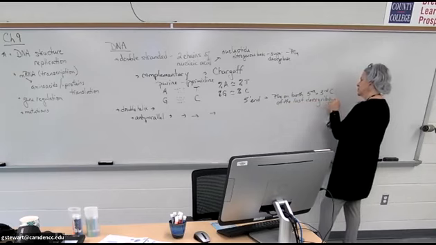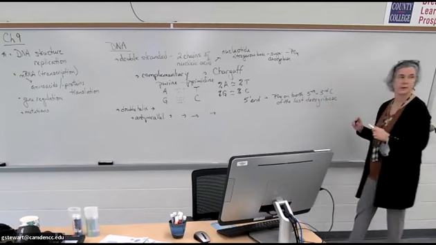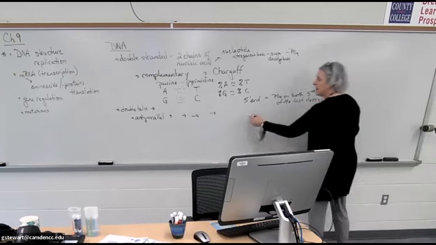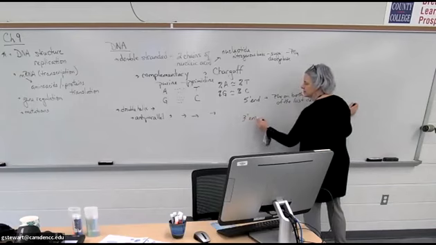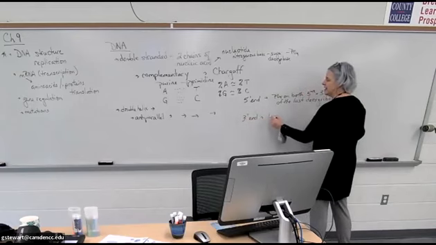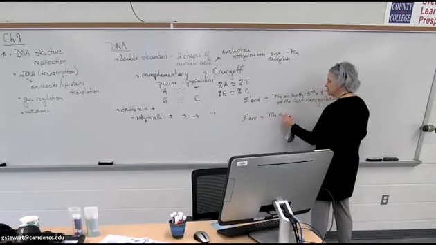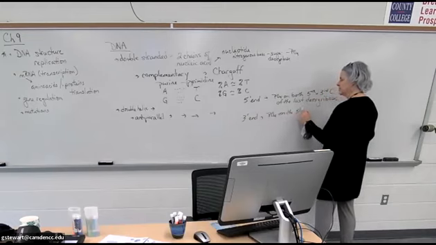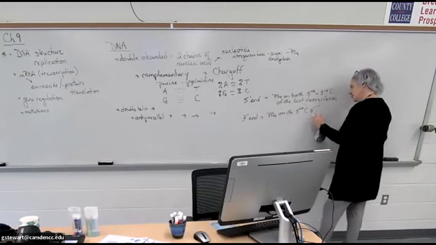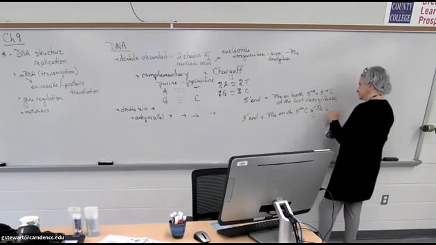I'll show you a picture in a minute; I'm not going to draw that. The 3' end of a chain of DNA has a free hydroxyl on the 3rd carbon of the last deoxyribose.